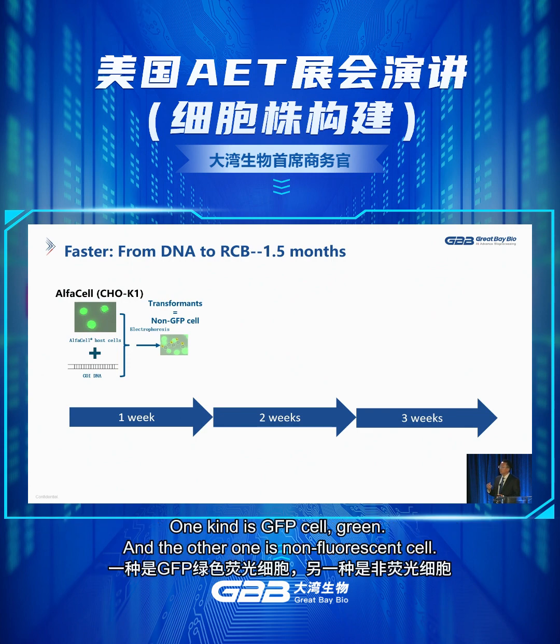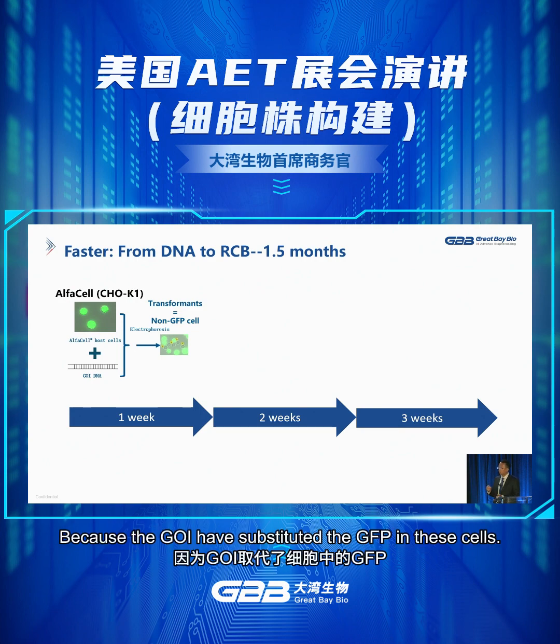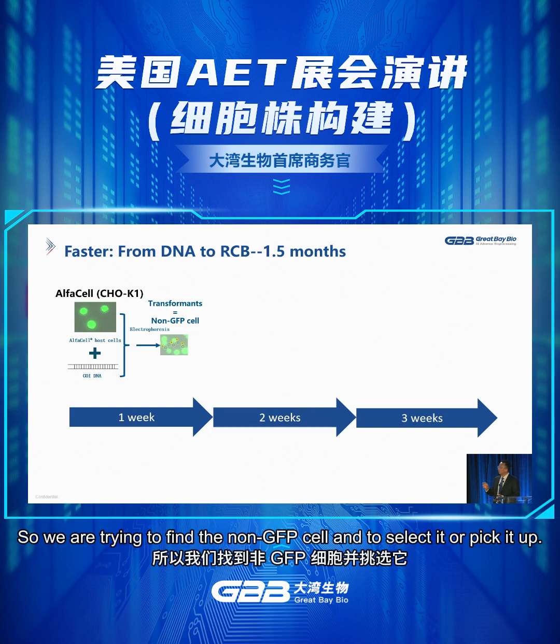One kind is the GFP cell, green, and the other is the cell with no color, no fluorescence. That is what we are trying to get, because the GOI has substituted the GFP in these cells. So we are trying to find the non-GFP cells and pick them up.